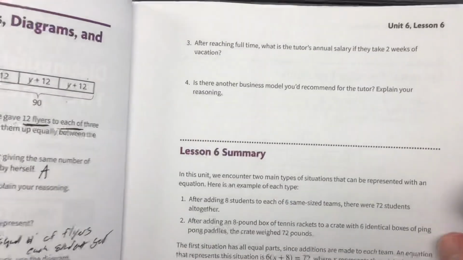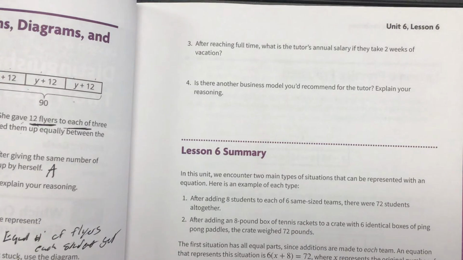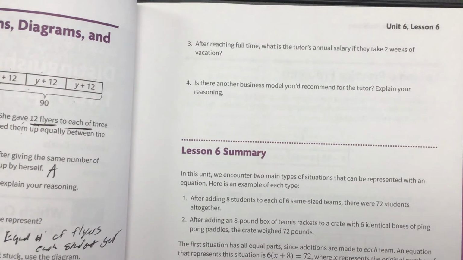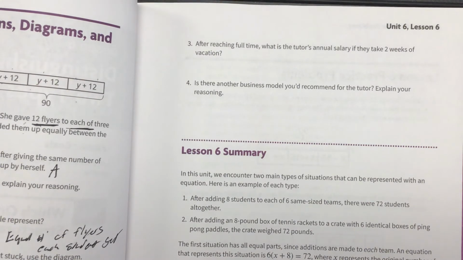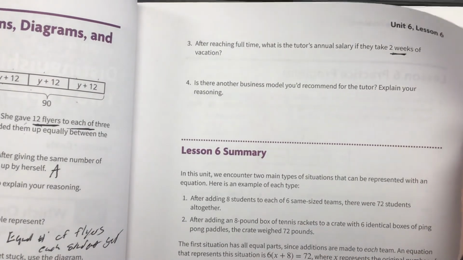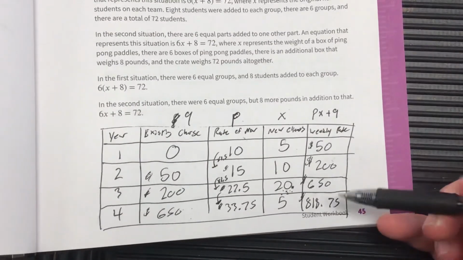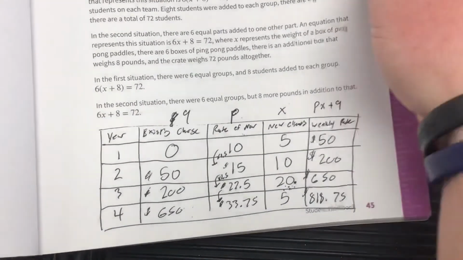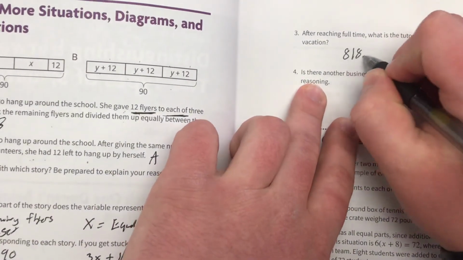All right, number 3 on the next page says, after reaching full-time, what is the tutor's annual salary if she takes 2 weeks of vacation? So how do we figure out her annual salary? How many weeks are in a year? 52. So if she takes 2 weeks of vacation, how many weeks is she working? 50. So we take our full-time weekly salary here multiplied times 50 because she's working 50 weeks.